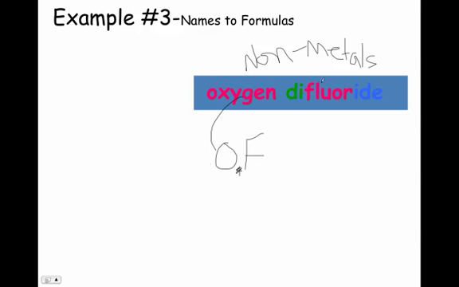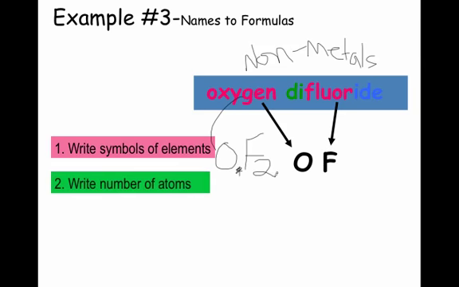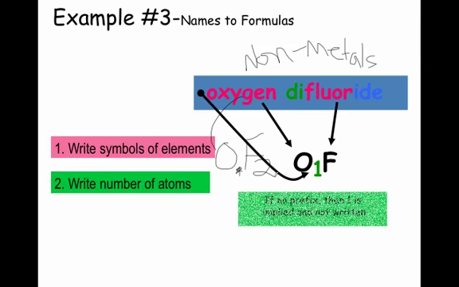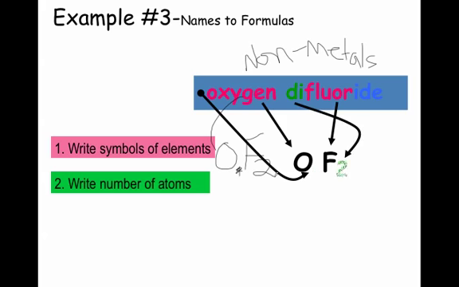And then fluorine or fluoride, that's F, and then we'd write the 2 there. So O, F, 1, drop the 1, you never write 1, 2, and there's our final formula.